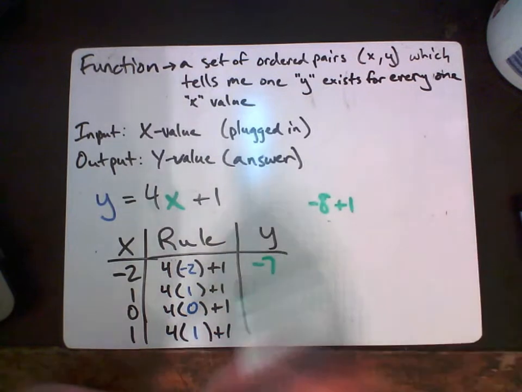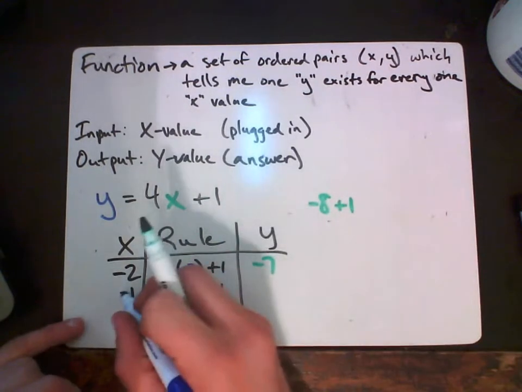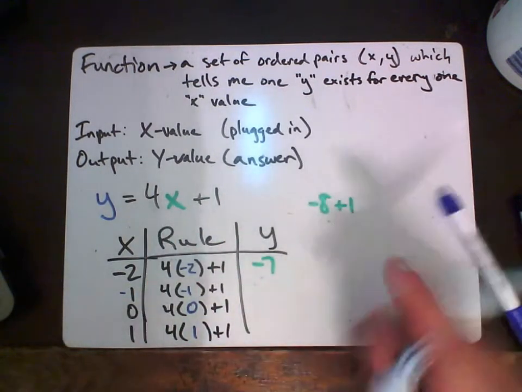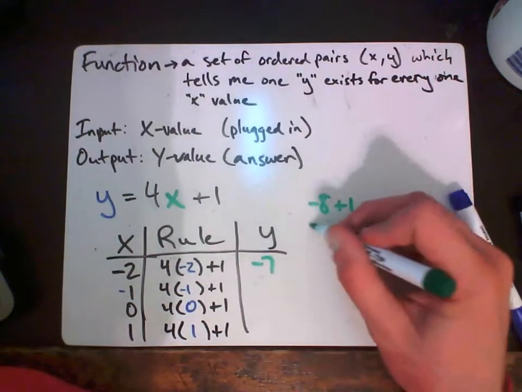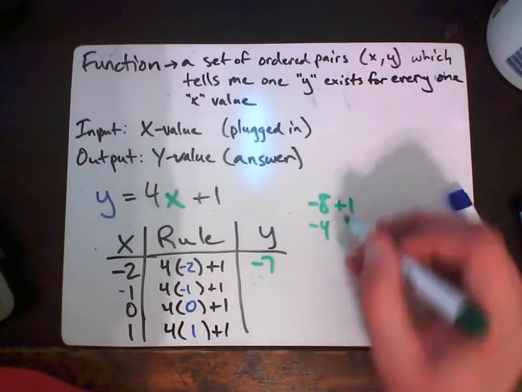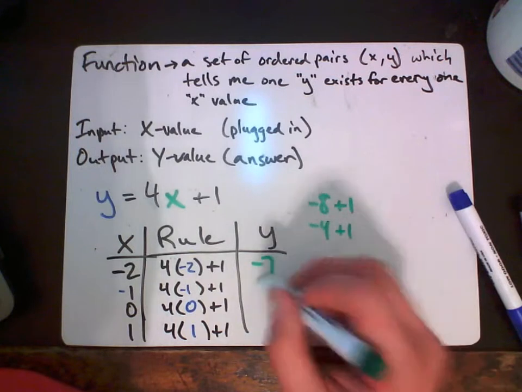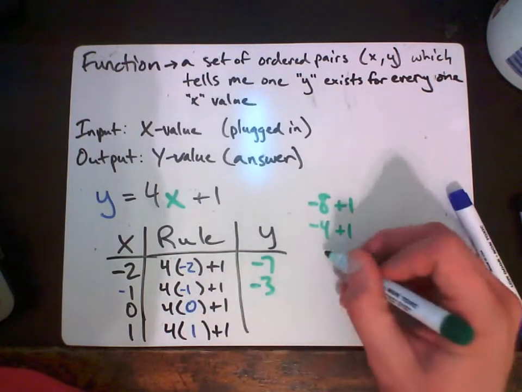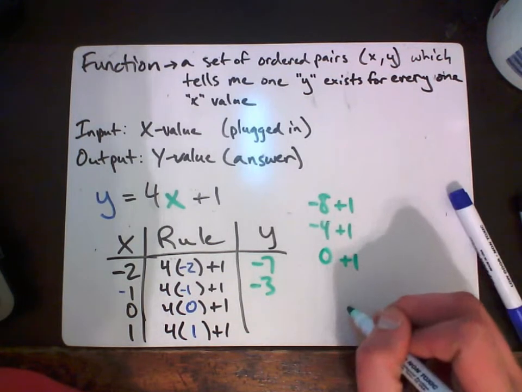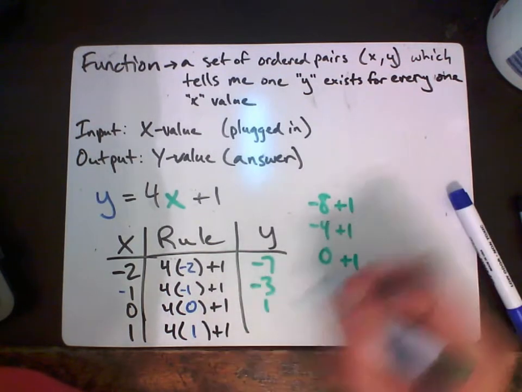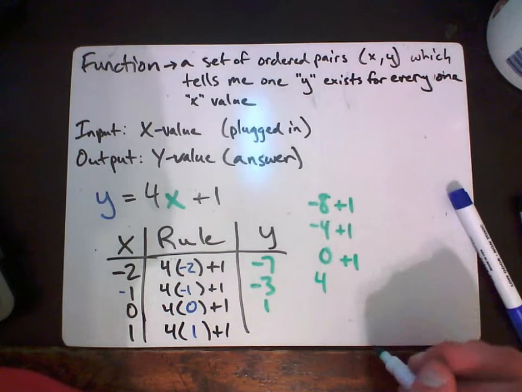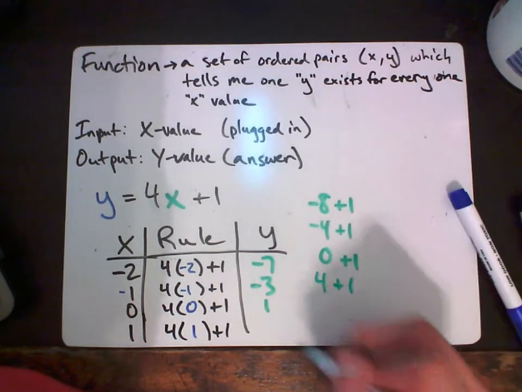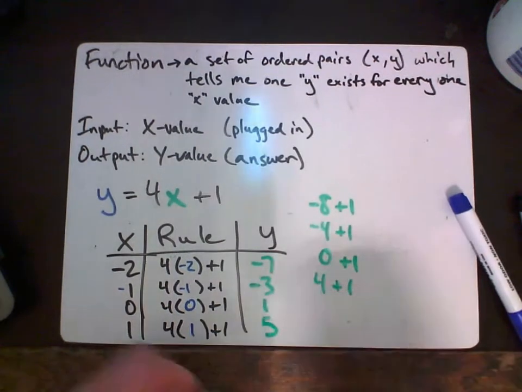Sorry, that was meant to be negative. 4 times -1 is -4. Plus 1 is going to give me -3. 4 times 0 is 0. Plus 1 is just going to give me 1. 4 times 1 is 4. Plus 1 is going to give me 5.